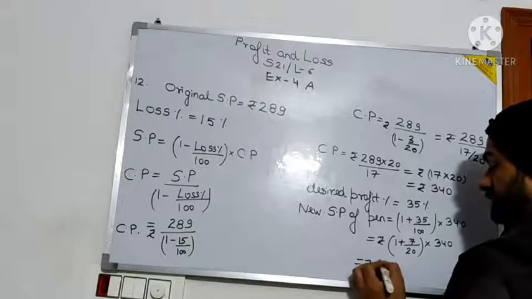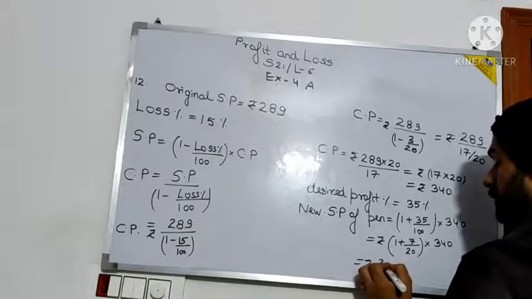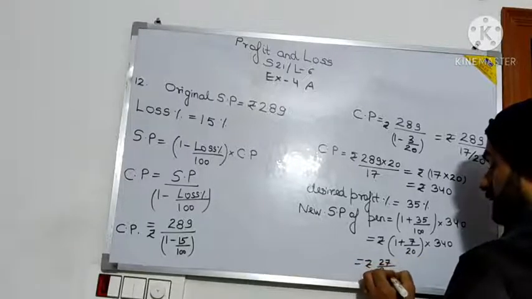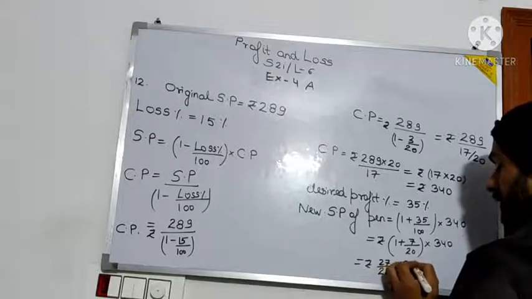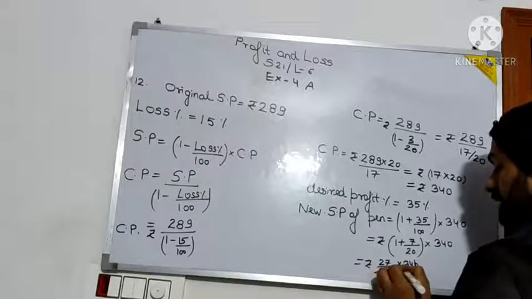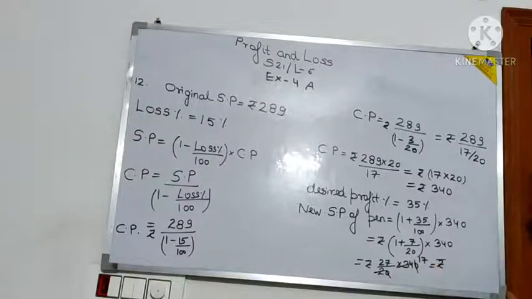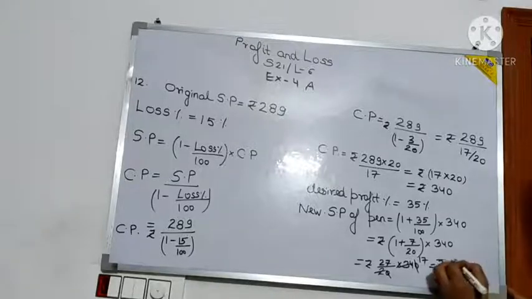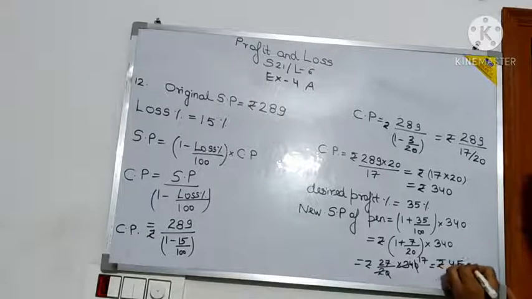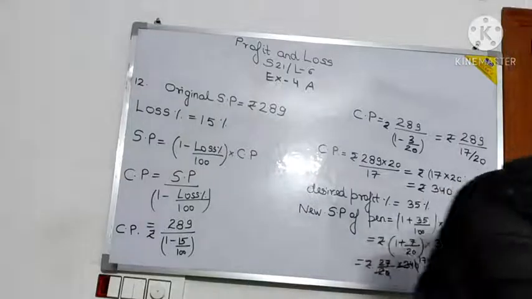That means rupees 27 by 20 into 340. Zero cancels. 2 seventeens, and rupees 27 into 17. So 27 into 17 will be how much? Rupees 459. That should be the answer. Yes, that one is the answer.